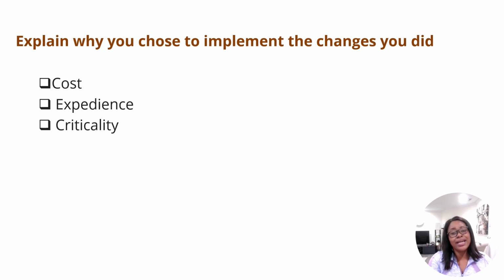So expedience is another crucial aspect to factor in when implementing patches. Once vulnerabilities are identified, it is essential to address them promptly to minimize the window of opportunity for potential attackers. Delaying the patching process could leave the system exposed and increase the risk of exploitation.